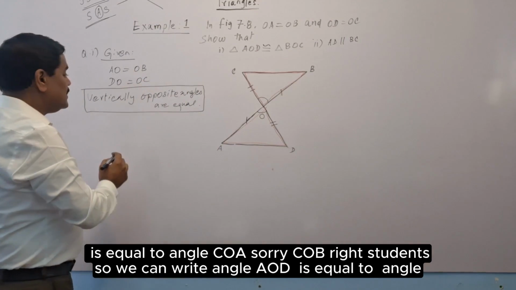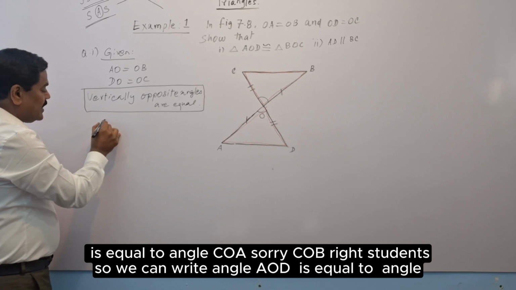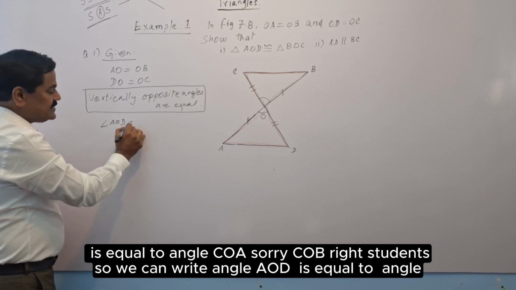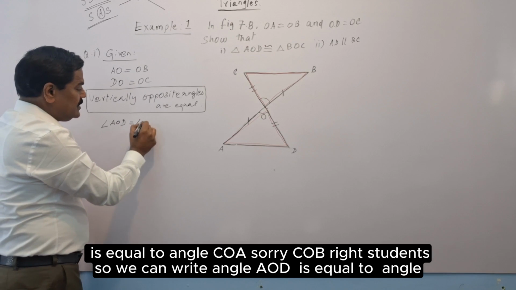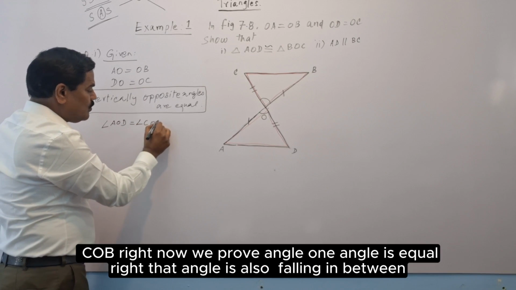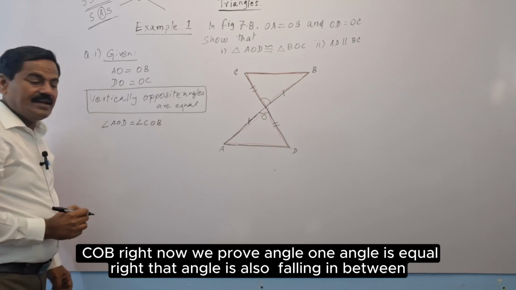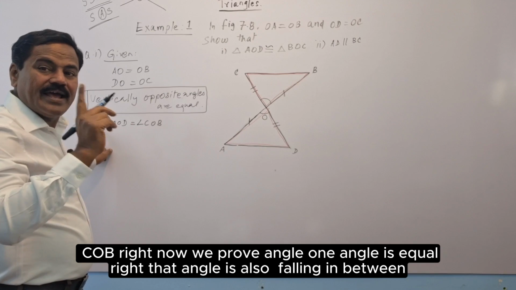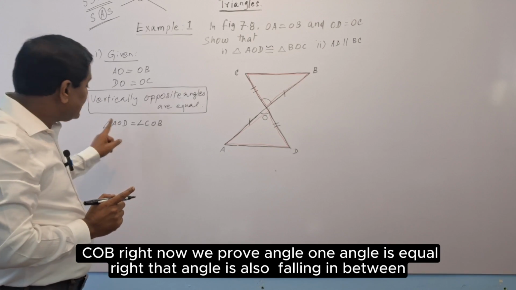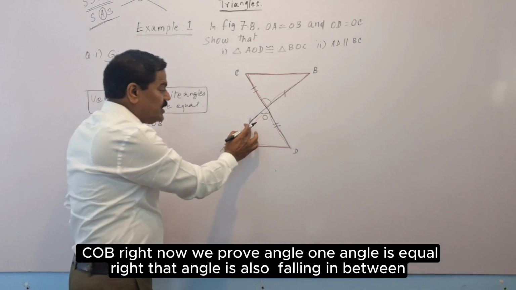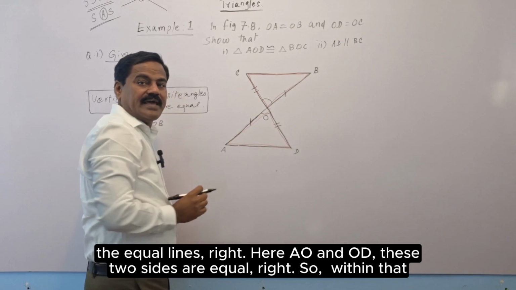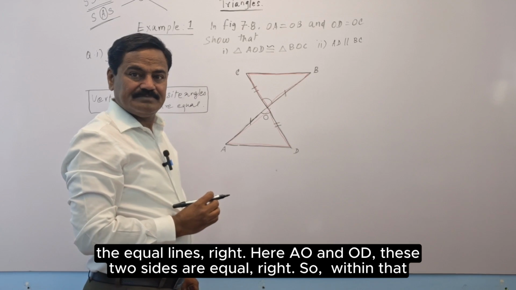So we can write angle AOD is equal to angle COB. Now we have proved one angle is equal, and that angle is falling in between the equal lines.